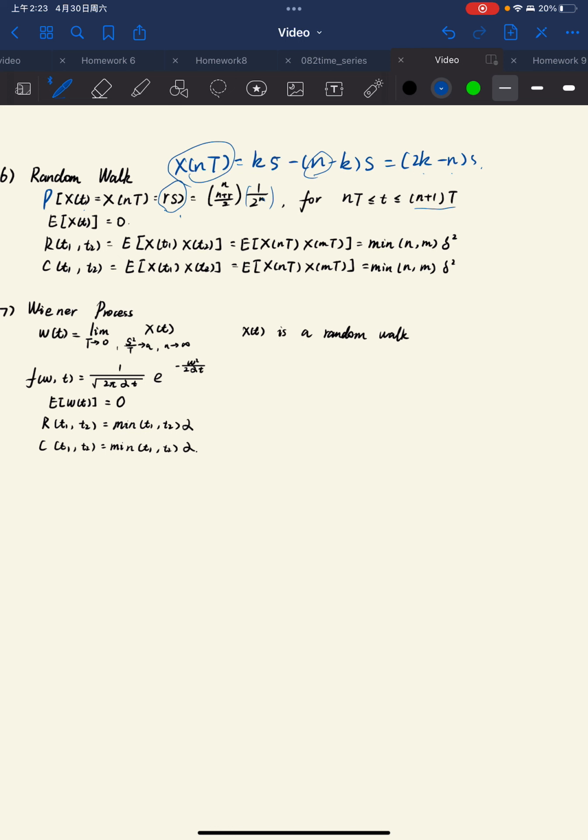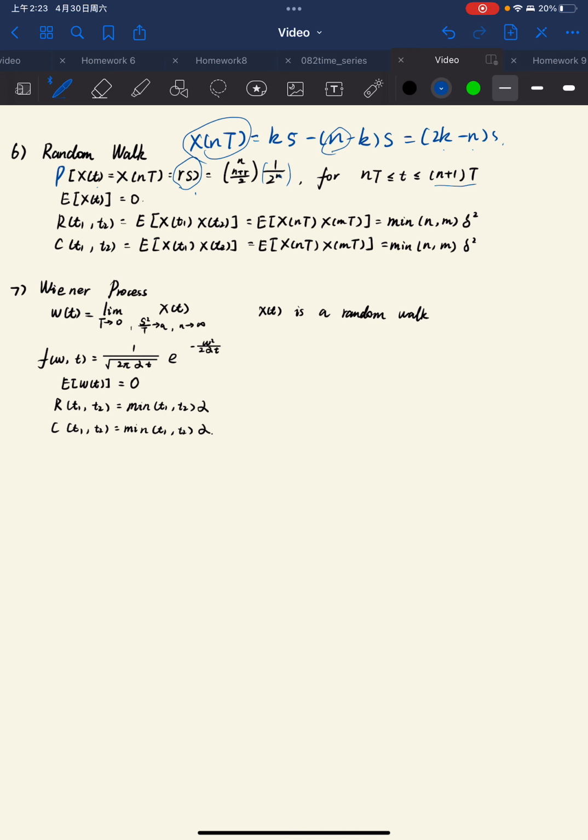Its expected value is equal to 0, since heads and tails have the same probability, so they cancel out when added together.